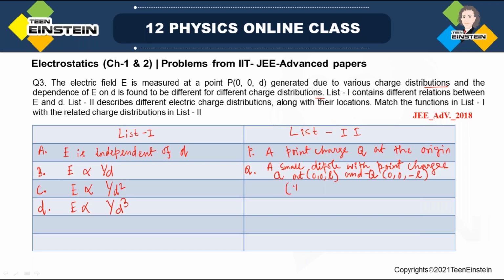It says take 2L much less than D, that means the length of the dipole is much less than D.